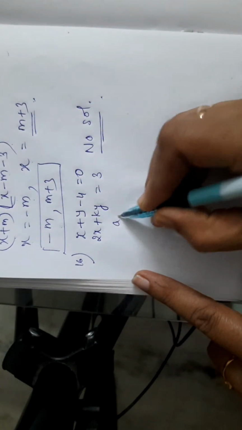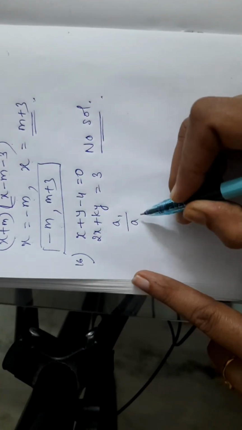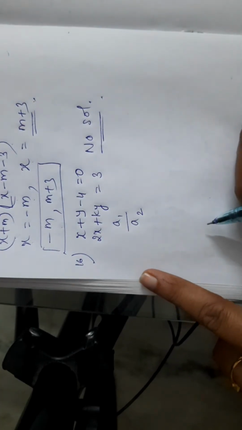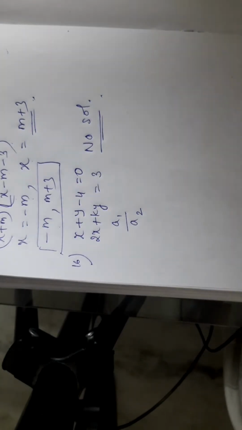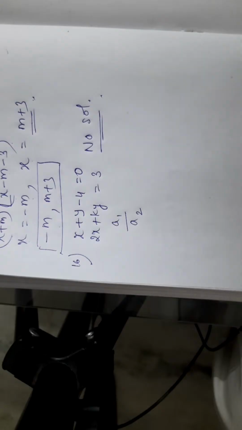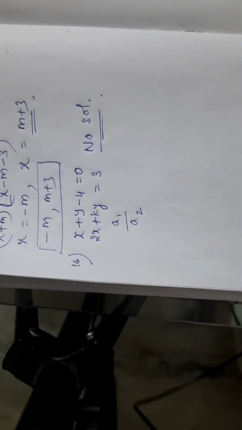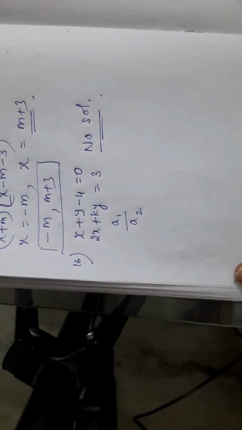If you recall, a1 upon a2. Will you say the formula? Vivek, I'll wait for you. What is the formula for no solution? Say it fast. Waiting for your reply.